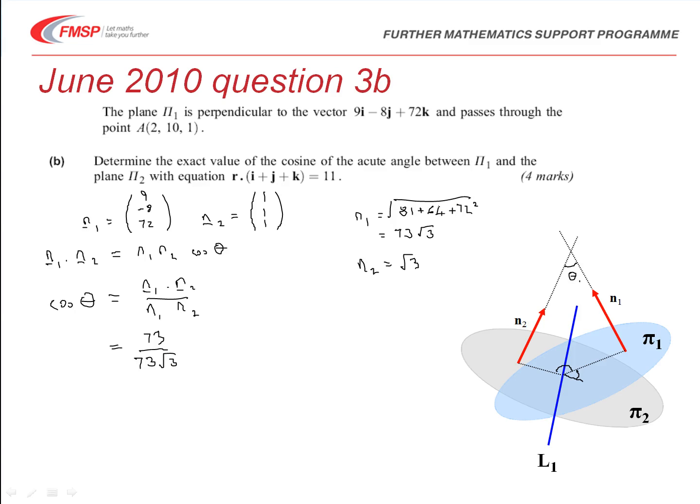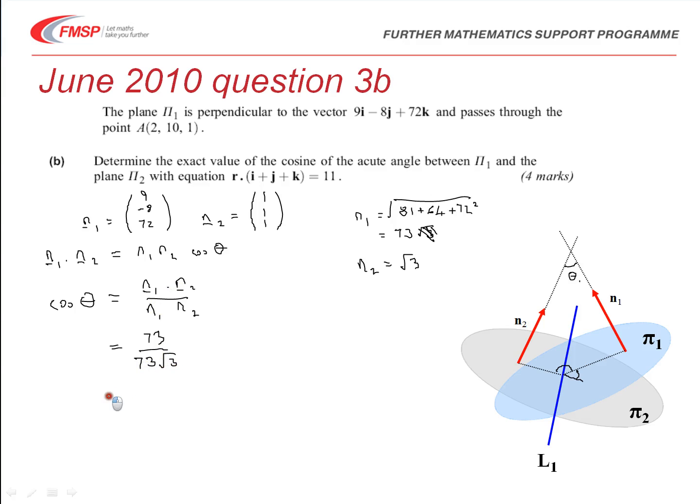We check on our calculator there the value of the length of n1 for a moment. Yep, sorry, I made a mistake when I was writing that down. The length of n1, this square root, when you've checked it on your calculator, is just 73, not multiplied by the root of 3. Okay, so this is just 73 then for n1 dot n2, and then the length of n1 times the length of n2 is 73 multiplied by the root of 3.